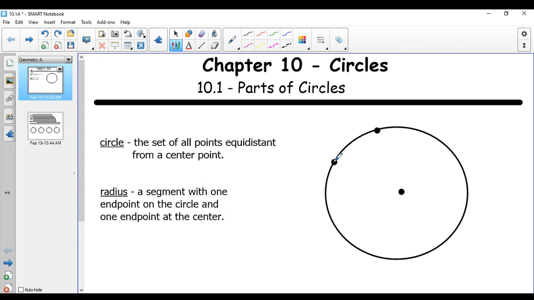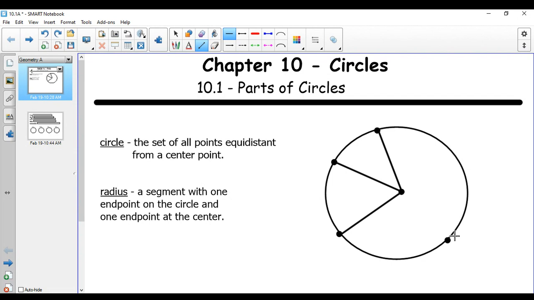So I'm going to pick out a few points that we know are on the circle. And because all of these points are on the circle, that means they are all the same distance away from the center. So the distance from this point to the center is the same as the distance here, which is the same as the distance here, and the same as the distance here.